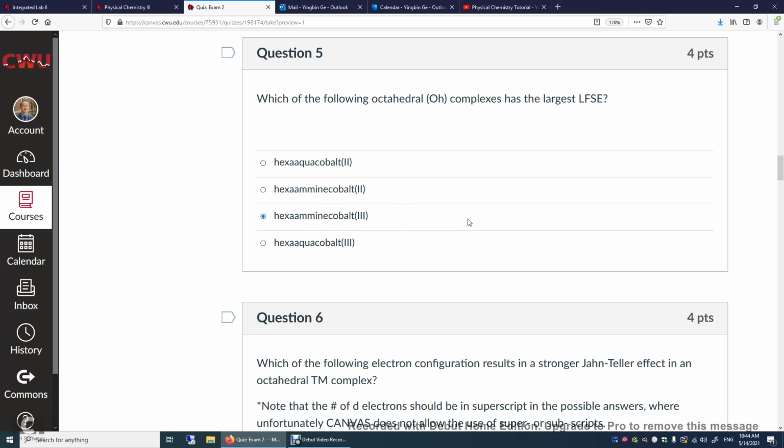This is because the aqua ligand is just water. Water has two lone pairs, and one lone pair is used to form a bond. The other lone pair actually can be donated to one of the empty d orbitals of the transition metal center. That makes this aqua ligand a weaker field ligand than amine.